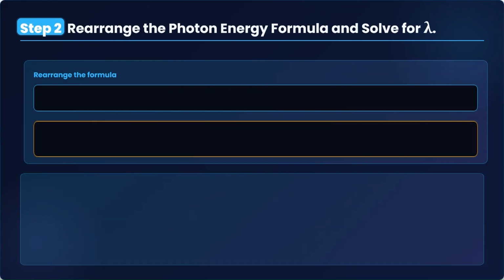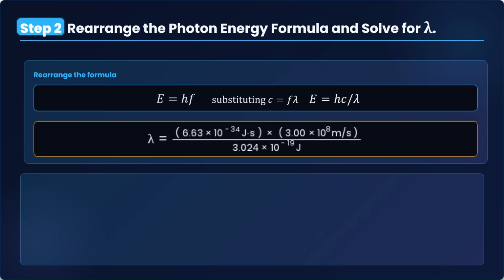Step 2. Next, use the photon energy formula E equals hf, which equals hc over lambda, and solve for the wavelength lambda. Another bridge appears, but this time it connects the wave nature of light to energy. Call up Planck's constant, h equals 6.63 times 10 to the power of negative 34 joule seconds, and the speed of light, c equals 3.00 times 10 to the power of 8 meters per second, from your data booklet and plug them in.